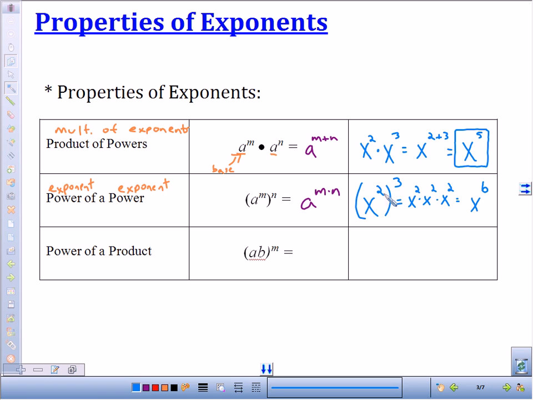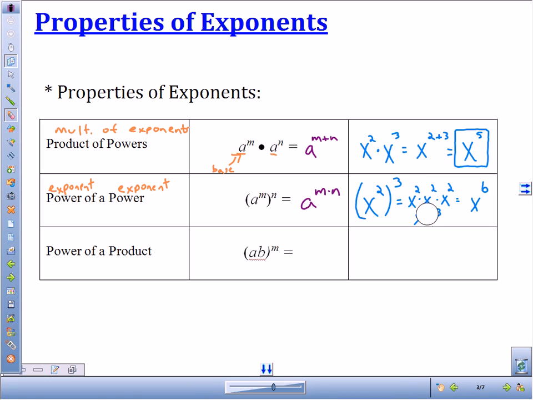But the easier way would be to say that this is x to the 2 times 3. These are both identical statements. X squared times x squared times x squared is the same thing as x to the 2 times 3. So that's the way we're going to think of it. We're going to think of this as x to the 2 times 3, which is x to the 6th.